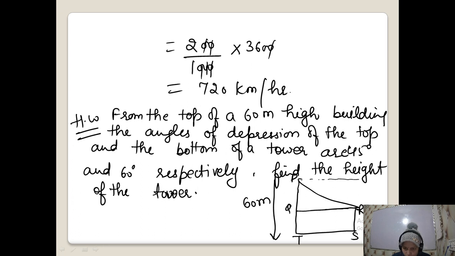Here it makes the angle of depression, it makes 60 degree. Here it makes 45 degree. You can write here 45, here 60 degree, and this is the tower.